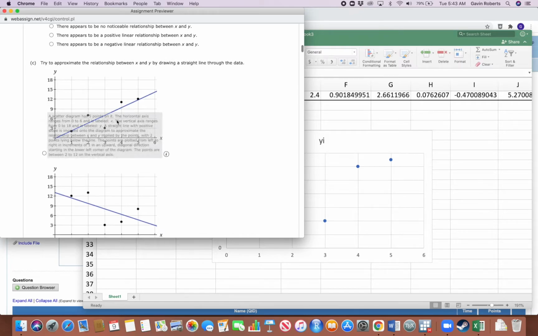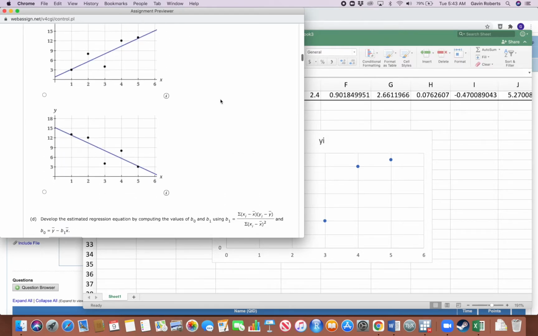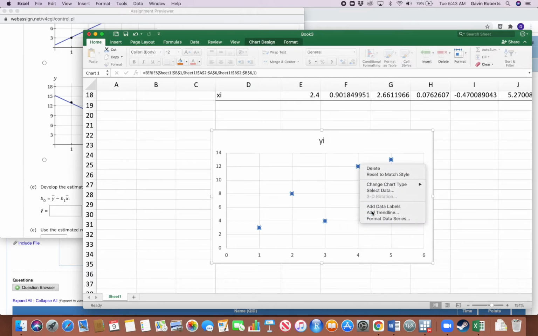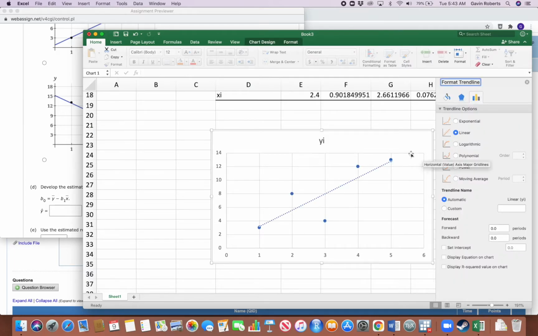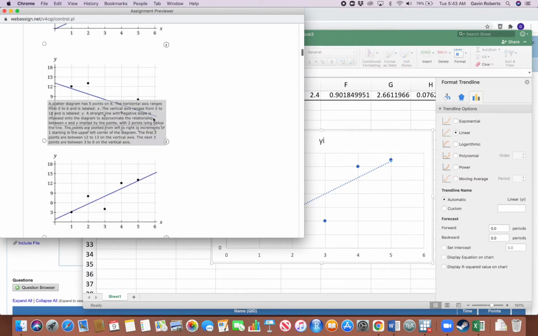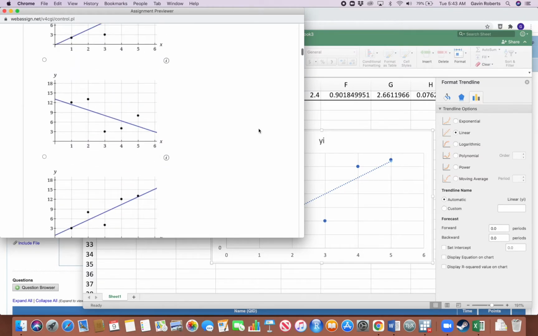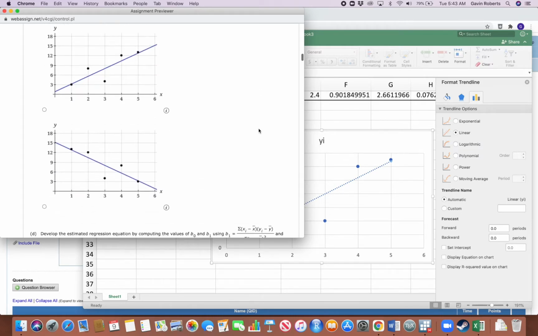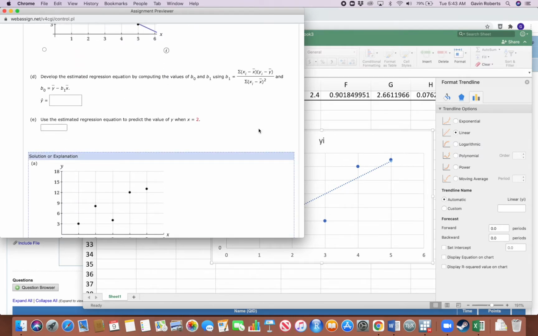And so this one, same idea, you're just drawing a line through it, which you know how to do. If we right click on here and add a trend line, then we can see the line through our data. And now we can probably do an even easier job of finding which one of these graphs is the one that's associated.